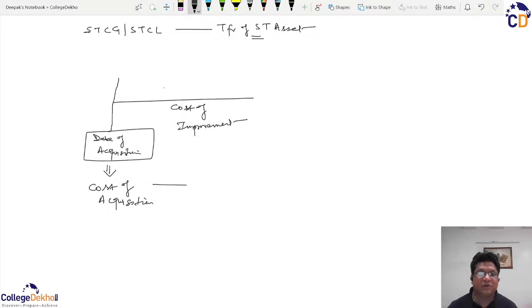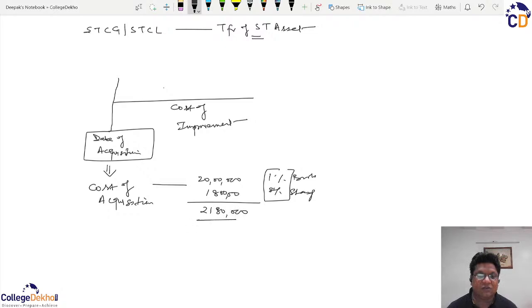For example, if someone purchased a house for rupees 20 lakhs and paid 1% brokerage and 8% stamp duty, then effectively 9% has been spent. That 9% of 20 lakhs will be 1 lakh 80,000, and therefore the total cost has to be 21 lakh 80,000.